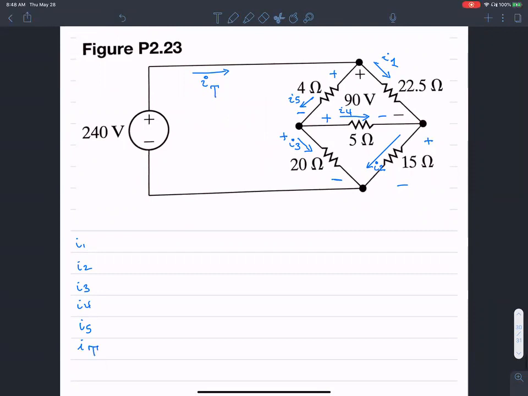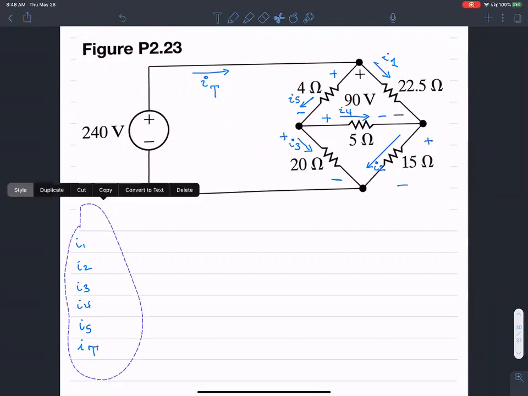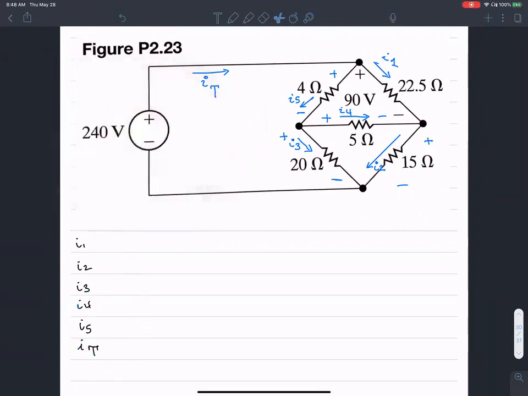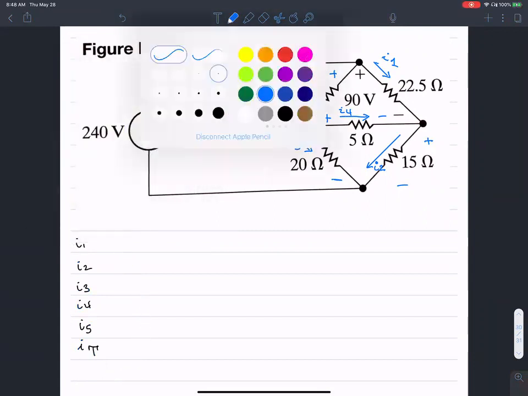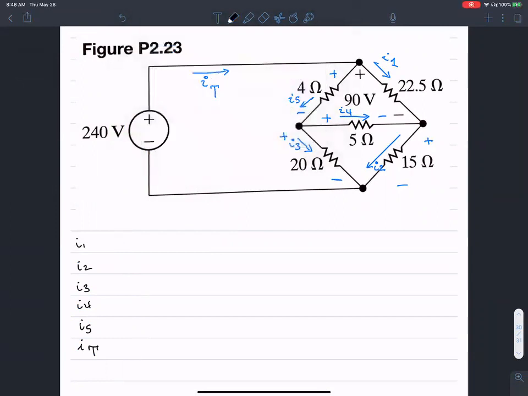Well, some of them are already known. I know I1 because the voltage 90 is given. If I divide that by 22.5, which is the resistance, I should get a value for I1. So this comes out to be 4 amperes. I1 is 4 amperes.